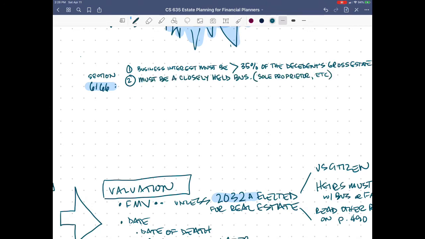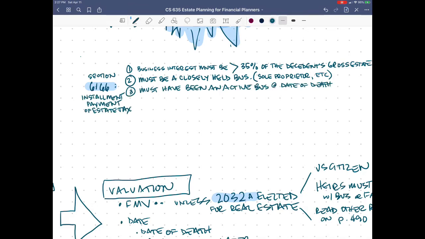And 3, the entity must have been actively engaged in the conduct of a trade or business at the date of the decedent's death. Don't worry about all of the interest rate details. Just remember that you have the opportunity to potentially drag out the payment of estate taxes over a 14-year period as long as these conditions are met.